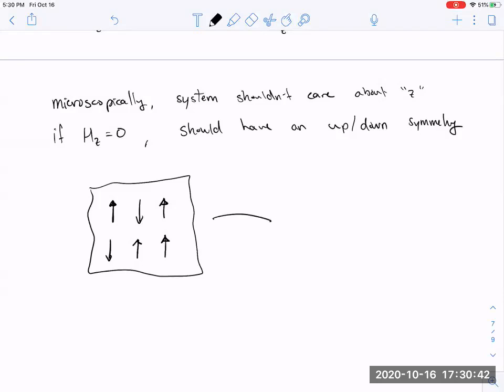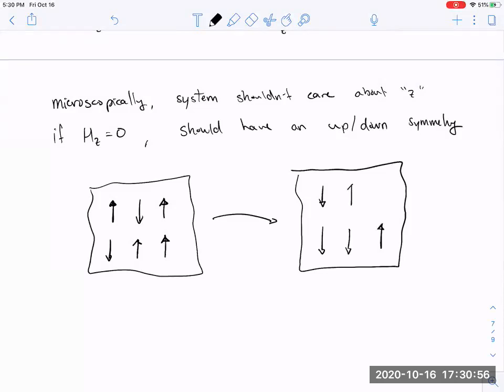If I flip every one of those spins, those two configurations should have the exact same energy.